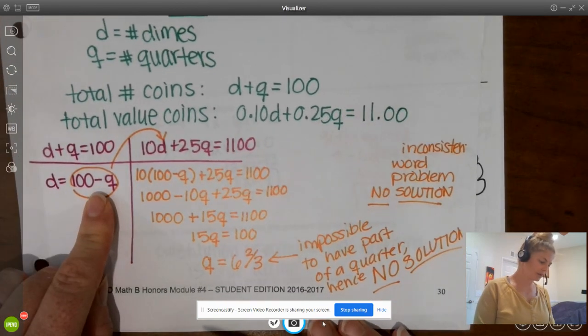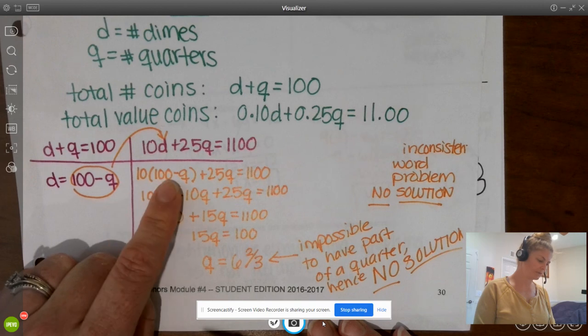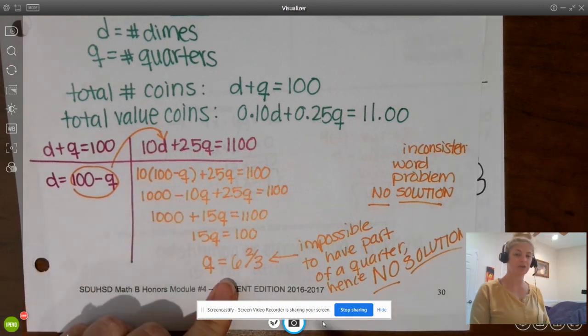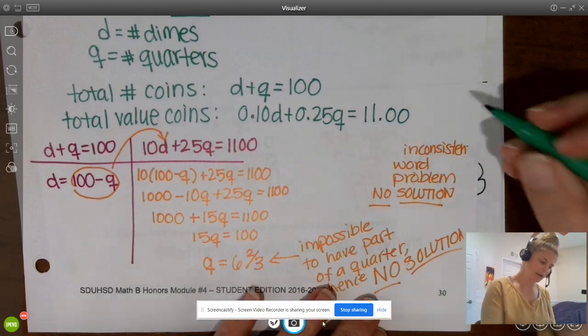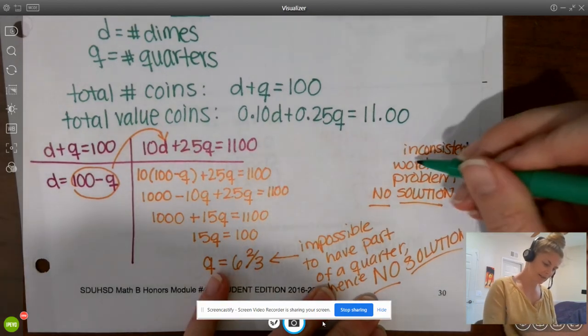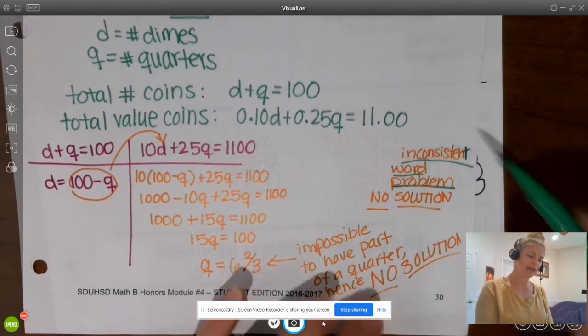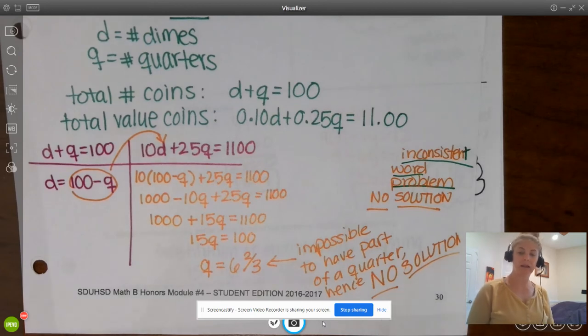However, when I substituted in 100 minus Q for D and solved, I got Q to be 6 2/3. This is impossible. You cannot have part of a quarter. Hence, this is no solution. We call this, if you remember, an inconsistent word problem. Inconsistent word problem meaning all of the details of this situation cannot happen at the same time.